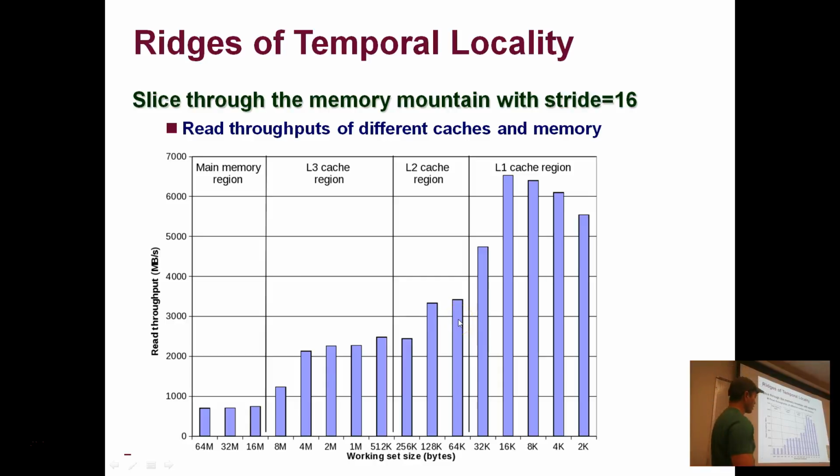By looking at where these plateaus are, you can figure out this is my transition point from the L1 cache into the L2 region, and from the L2 region to the L3 region. So you can sort of see that maybe the L2 cache might be 256 kilobytes, and then the L3 looks like around 6 or 8 megabytes.